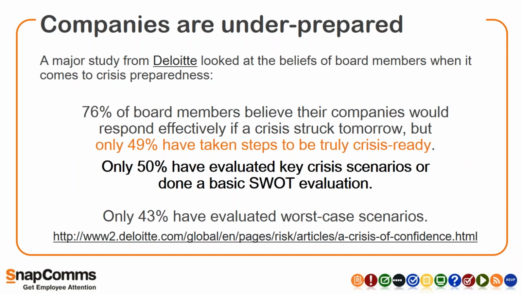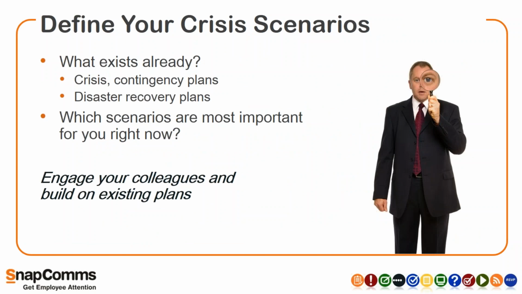And now let's get a little more specific. Crisis scenarios, what are we talking about here? Well, listen, I know we have a lot of different folks here on the webinar. Some of you are in IT, some of you are at the corporate level. So we're not going to talk specifically about one incident, but I want you to keep in mind what exists in your company.